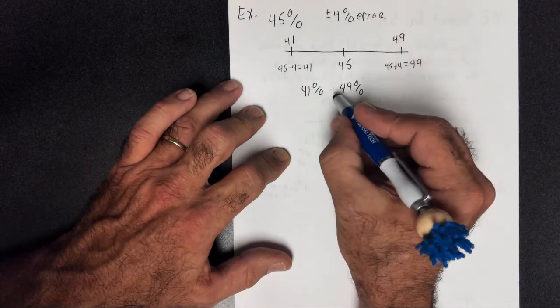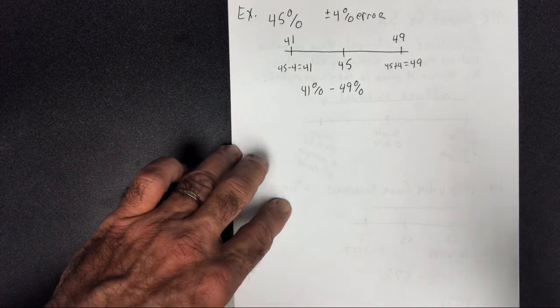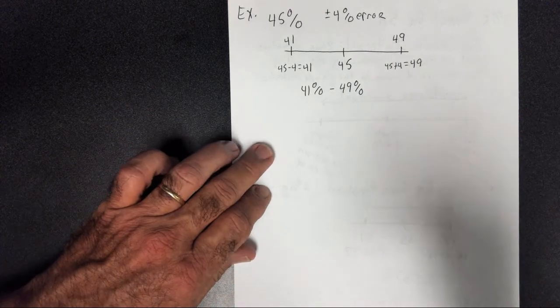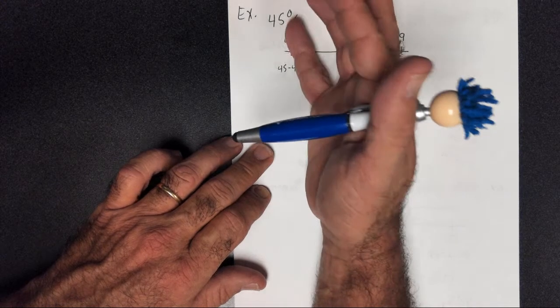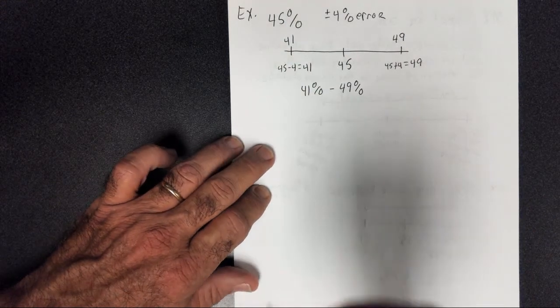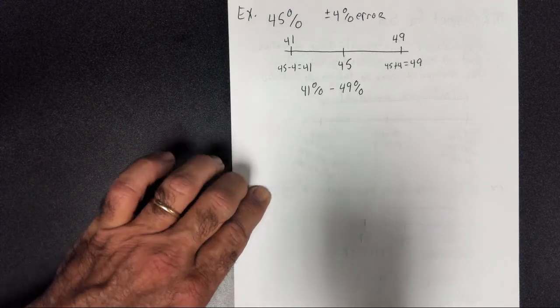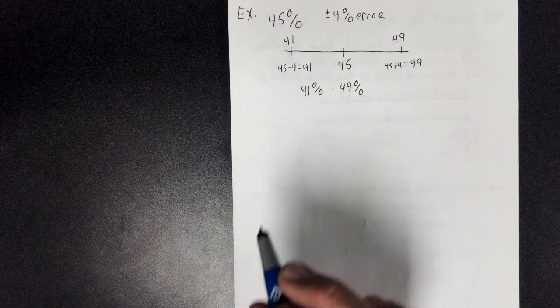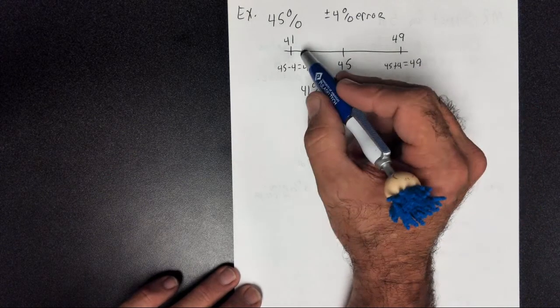So since this is really below my 50%, and this is the people who favored abortion, I would have to say that yes, the majority of people are not in favor of legalized abortion. And that's because all of our intervals are below 50%, okay?